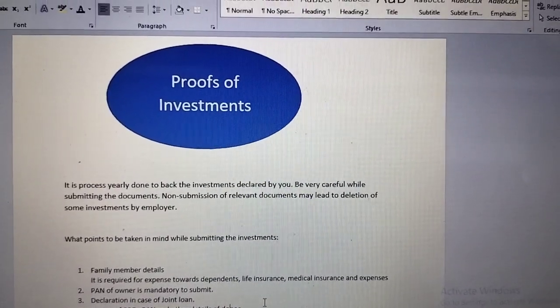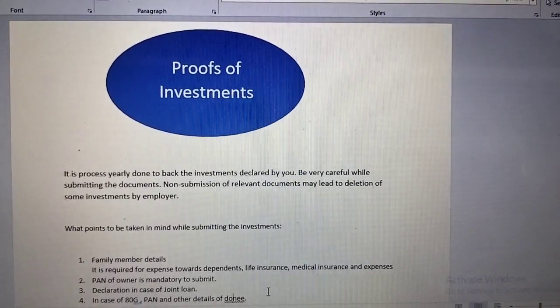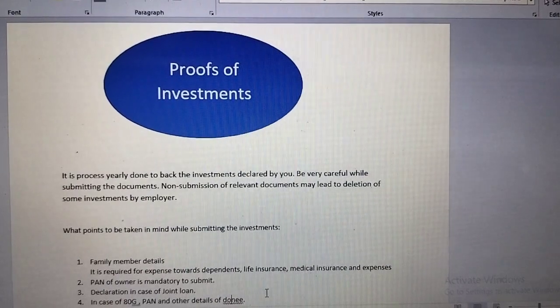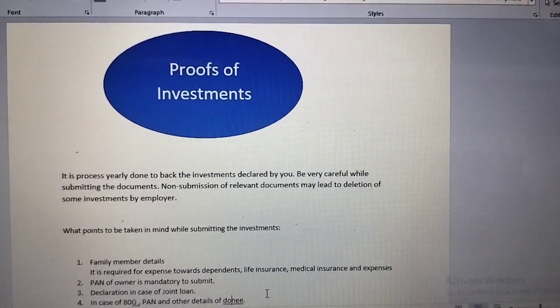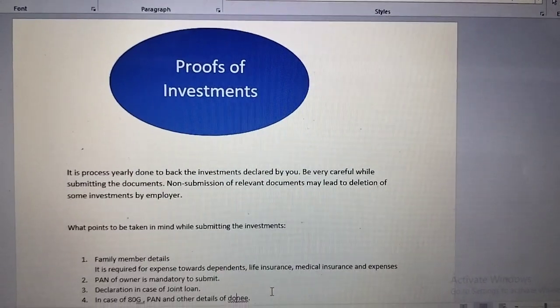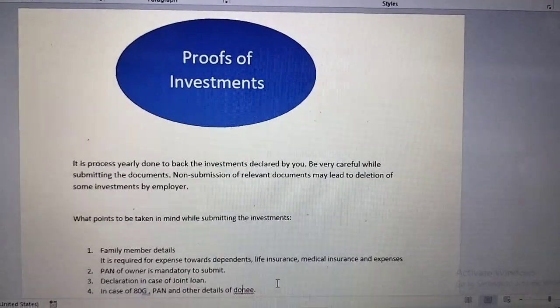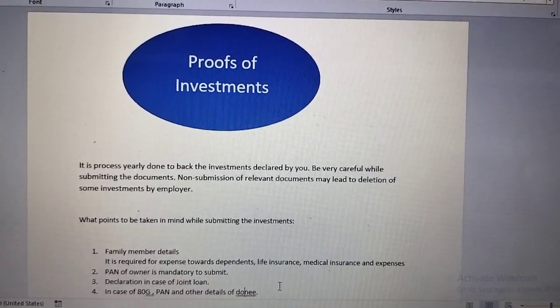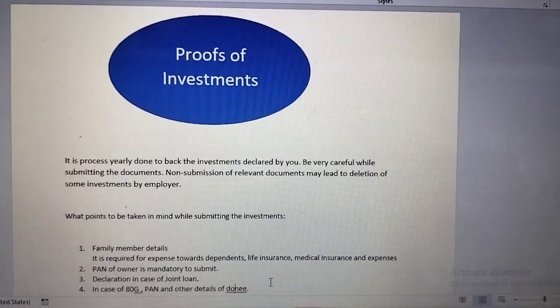And see, if you have taken a joint loan for a house, then you have to give a declaration of how much percentage you are paying and how much percentage the other person is paying. So that to that extent only it would be allowed to you.